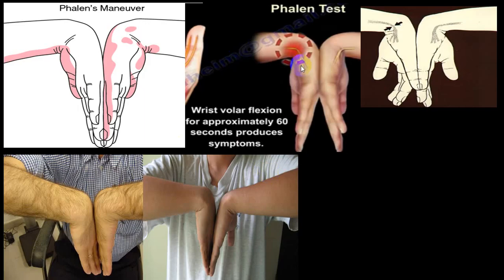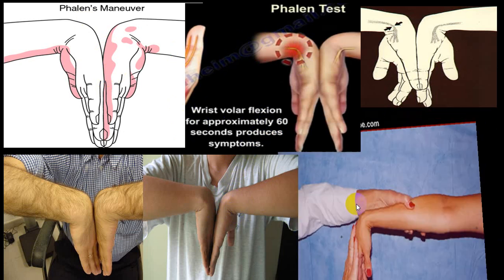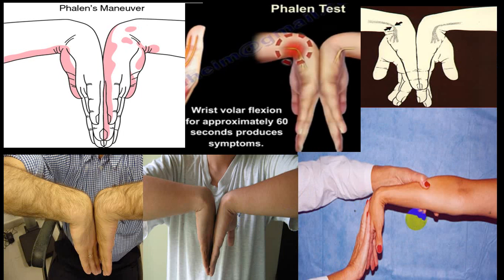This is the typical Phalen test, Phalen maneuver. So the wrist is undergoing volar flexion for approximately 60 seconds, and if the symptoms are produced, we call that Phalen test positive. This is the way you have to flex at the wrist. This is the Phalen maneuver or Phalen test. Either you can do it on a single side or you can do it on both together like this.